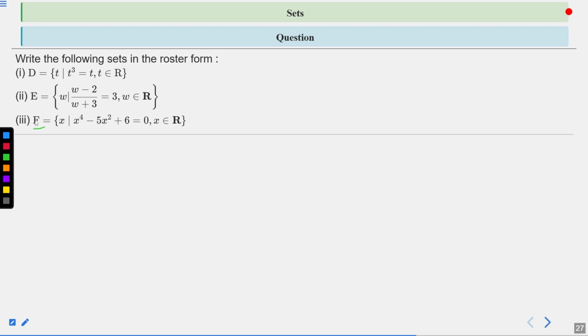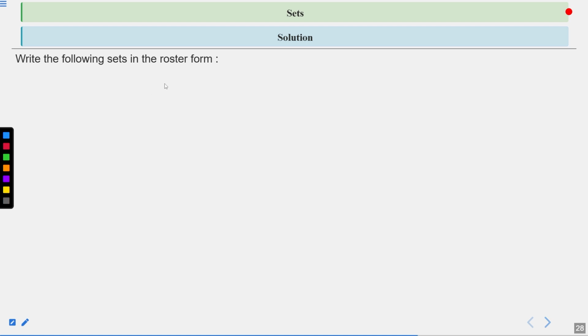And set F is the collection of all x such that x raised to the power 4 minus 5 times x square plus 6 is equal to 0, where x belongs to reals. Set builder forms are given to you, and try to find the roster form. Simple task. Let's see the solution one by one.